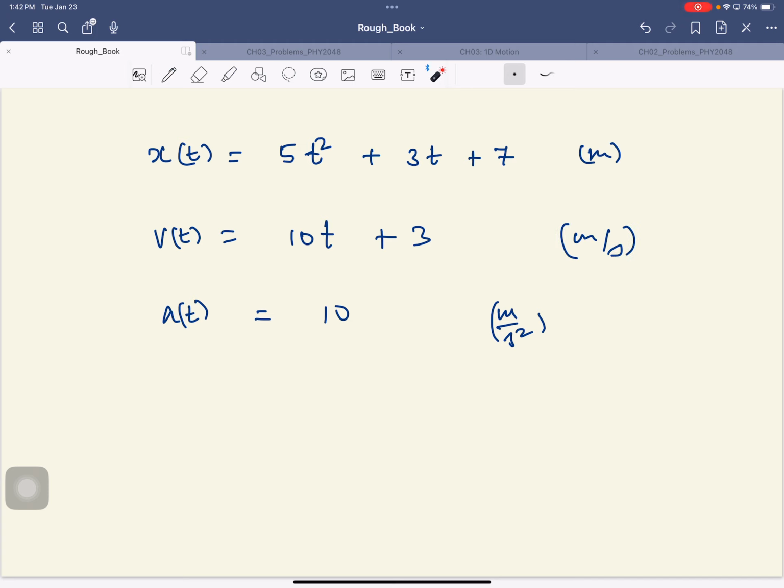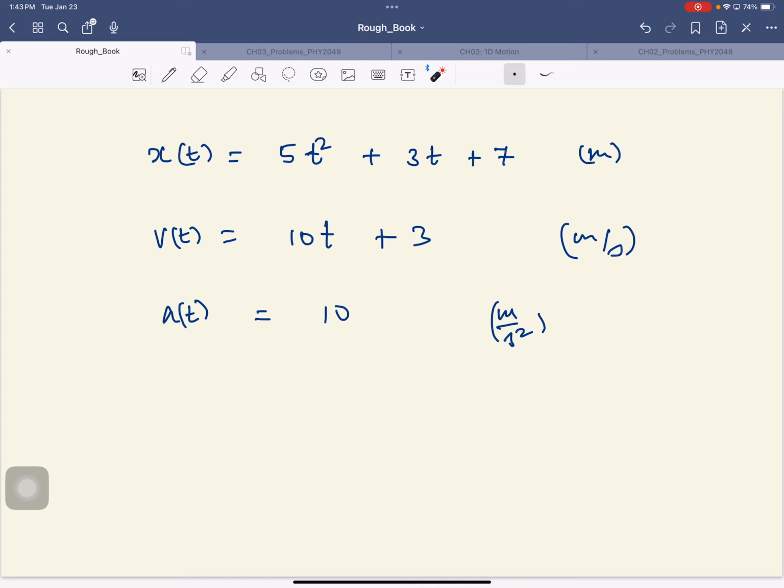All right, so what we are going to consider is mostly motion where acceleration is constant. So when acceleration is constant, velocity is a linear function of time. Position is a quadratic function of time. So this will be a parabola, this will be a straight line, and this will be a constant, a horizontal line. So that's the kind of motion we'll consider mostly.